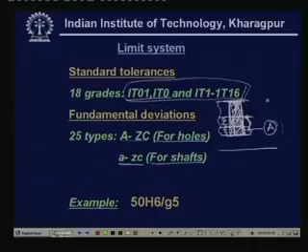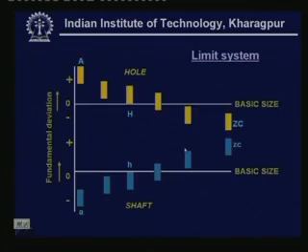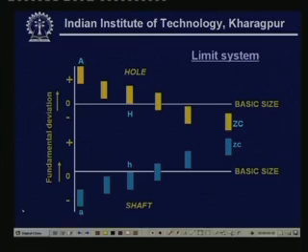So once again I go back to the earlier slide, which shows that like A, you are having another one which is the H. The speciality of H is that the fundamental deviation for H is 0. That means sometimes this is what we call the hole basis, where we do not have any deviation on the lower side from where the measurements are being made.